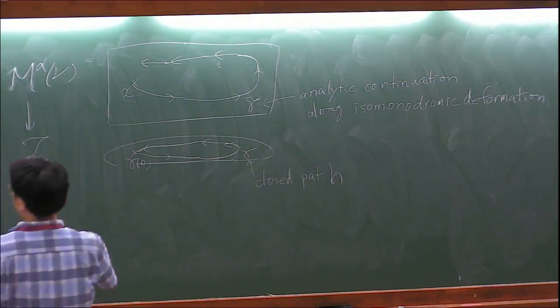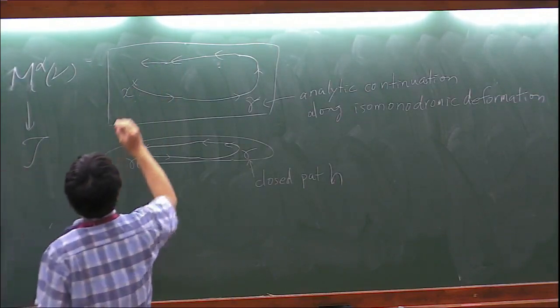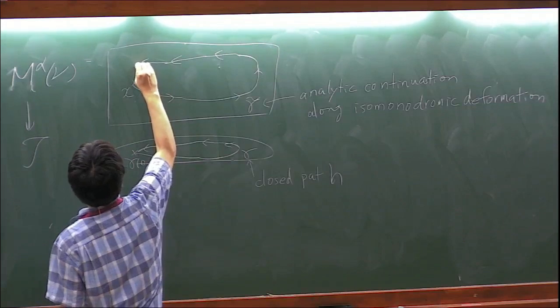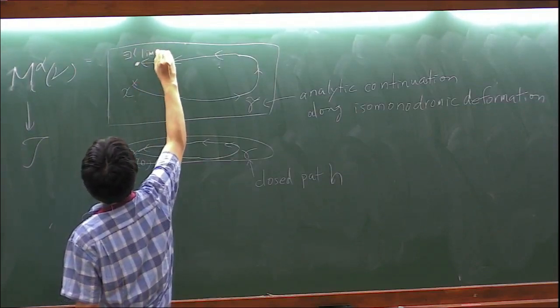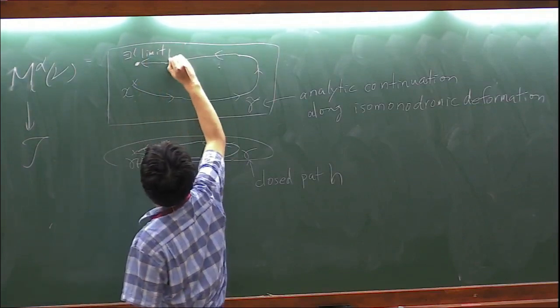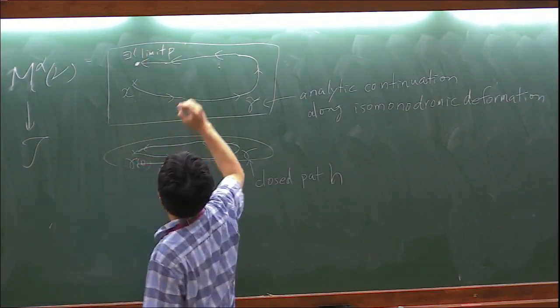And the geometric Painleve property means that there is always a limit point coming back to the initial time value.